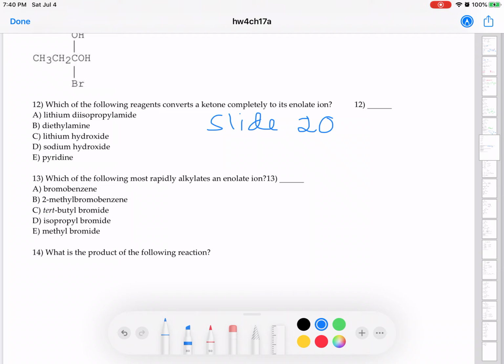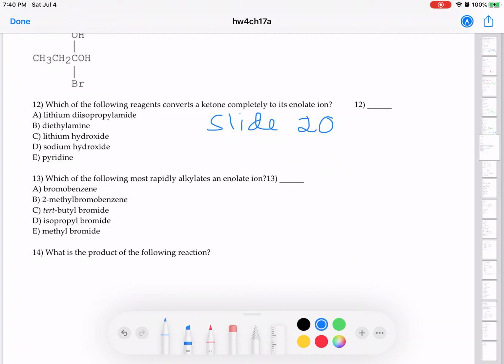So this information is on slide 20. So we use the base lithium diisopropylamide as a strong base to completely convert a ketone to an enolate ion. Okay. Number 13. Which of the following most rapidly alkylates an enolate ion?